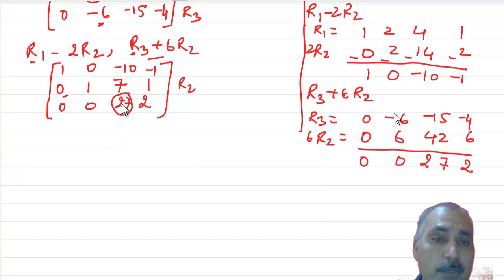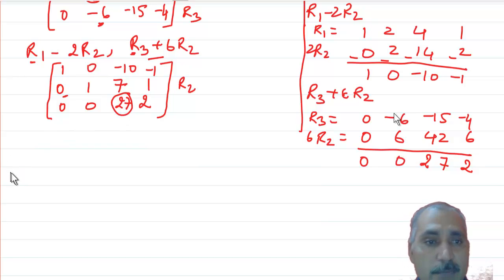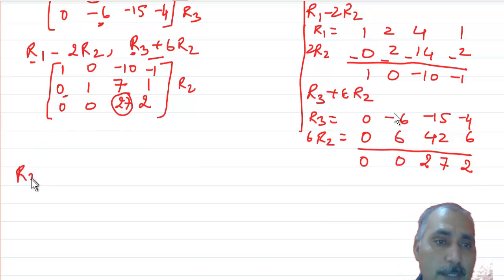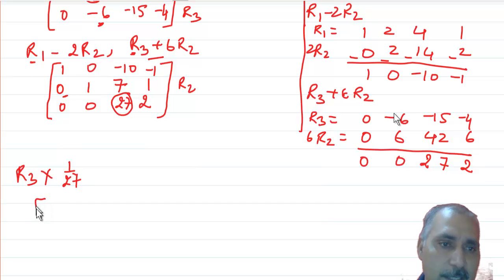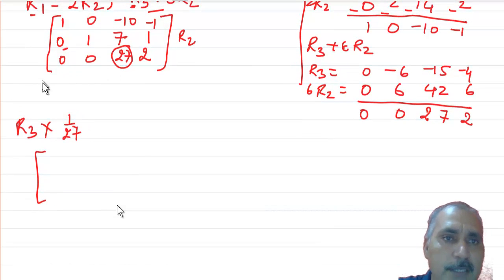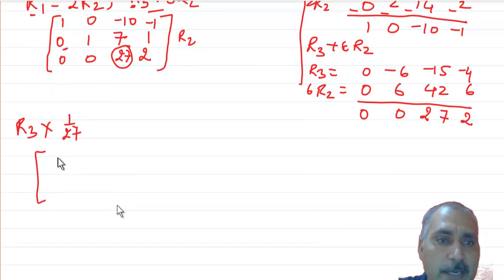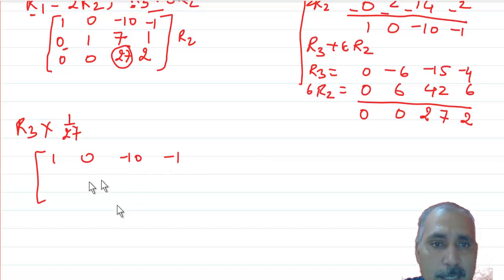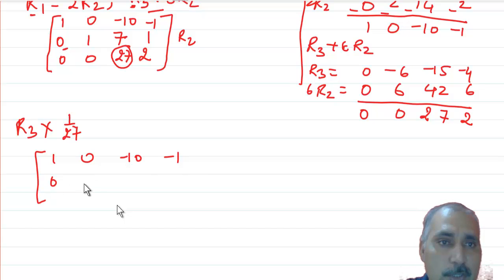So what we have to do, we have to multiply by the reciprocal of this one. So next operation is going to be R3 into 1 upon 27. Let us do that operation. R3 is changing, so R1 and R2 will remain as it is. It is 1, 0, minus 10, minus 1, 0, 1, 7 and 1.